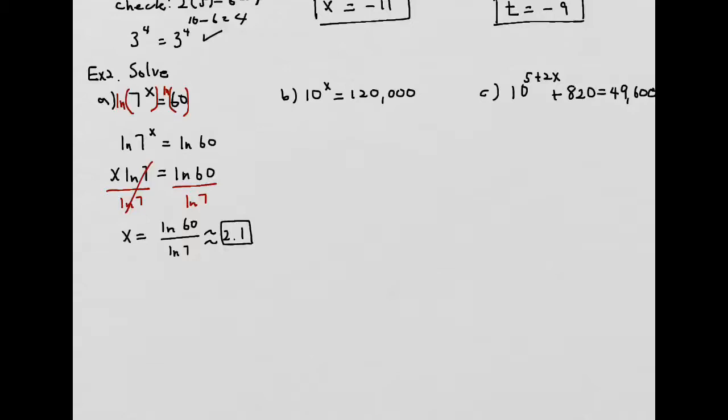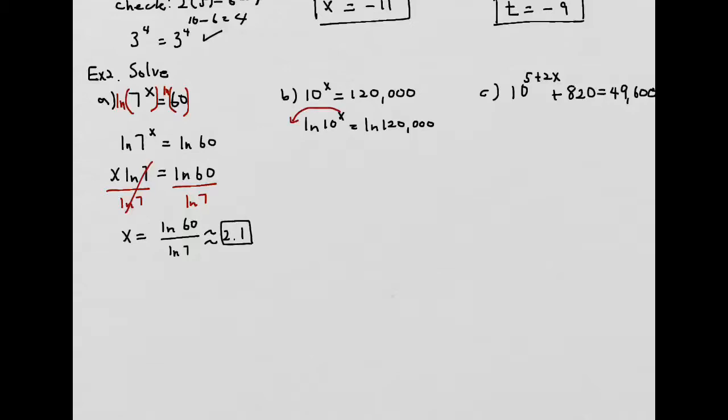I'm going to try that again with example B. If I cannot make a same base, I'm going to take the natural logarithm of both sides. Why do I use the natural logarithm? So I can bring my exponents down.